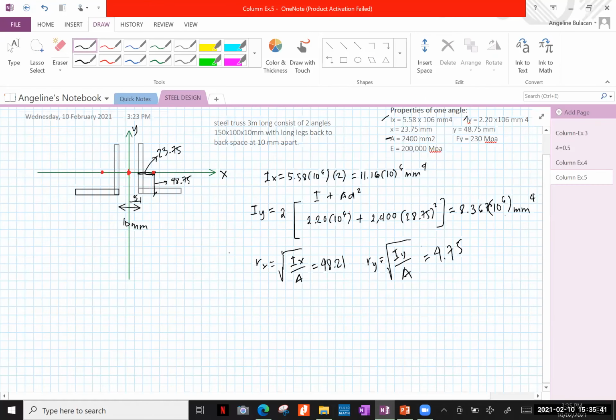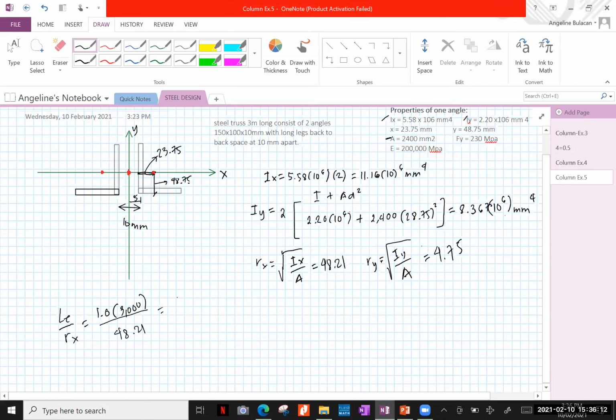So Le is equal to 1. So you may do this or dire-diretso na lang yung KL over rx. So Le over r is equal to 1 times the length. Steel truss is 3 meters long, so 3,000, all over rx 48.21.